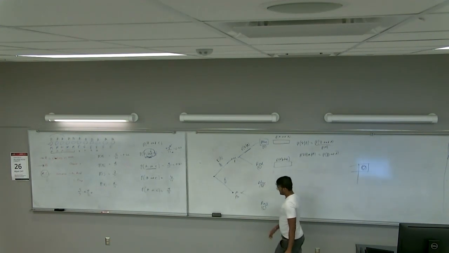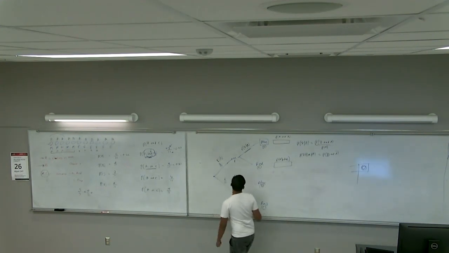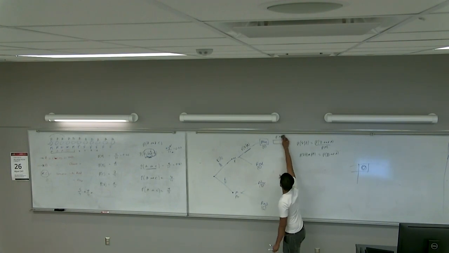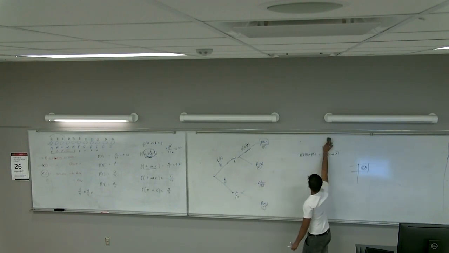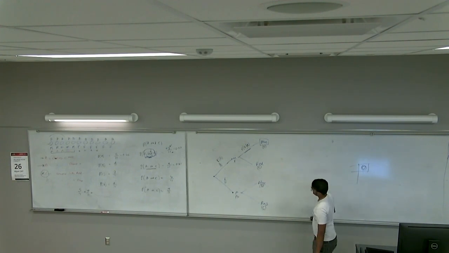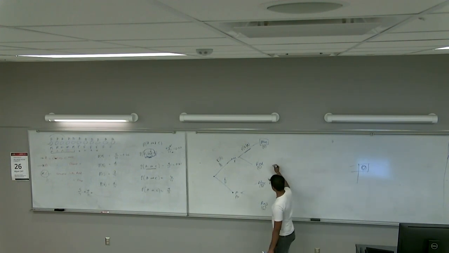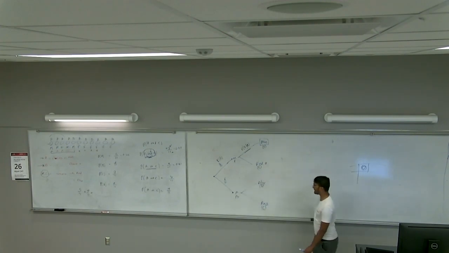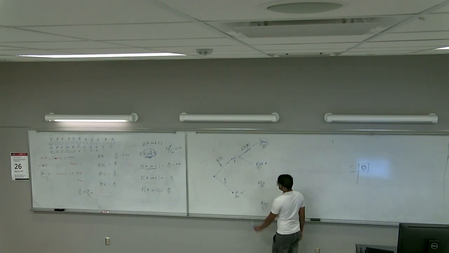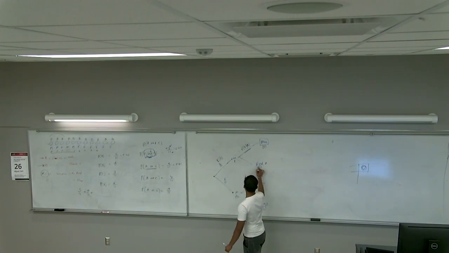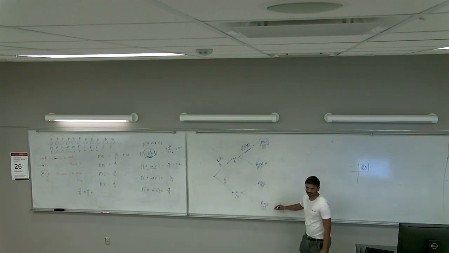One more thing. This is a common question that they ask when it comes to tree diagrams. Now, suppose you need to calculate the probability of people wearing a red t-shirt. Someone wearing a red t-shirt means it can be a male and a red t-shirt or a female and a red t-shirt.